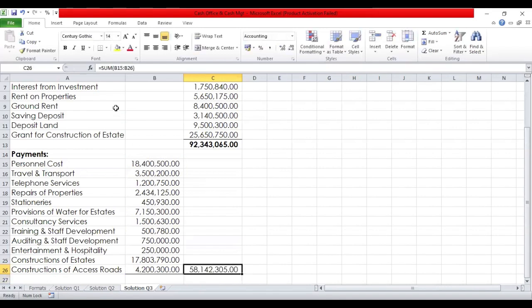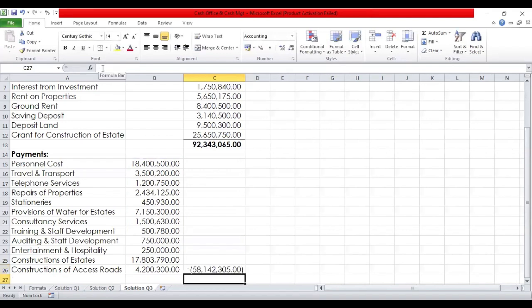This is what we have here. Then what is our closing balance?